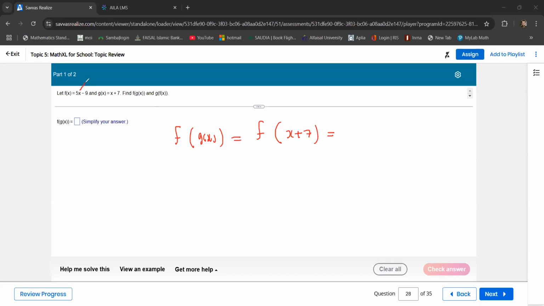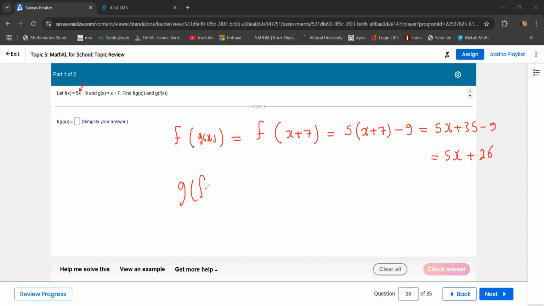We put x plus 7 in the place of x. So 5 times x plus 7 minus 9. This will be 5x plus 35 minus 9. So this is going to be 5x plus 26.